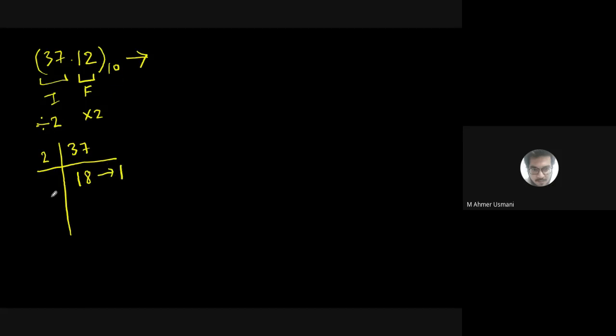After that, divide 18 by 2. 2 9s are 18, so you get 9 with 0 as carry. Then divide 9 by 2. You'll get 4 and a carry 1. Divide 4 by 2. You'll get 2 as the output and carry 0. Divide 2 by 2. You'll get 1 as the output and 0 as the carry.